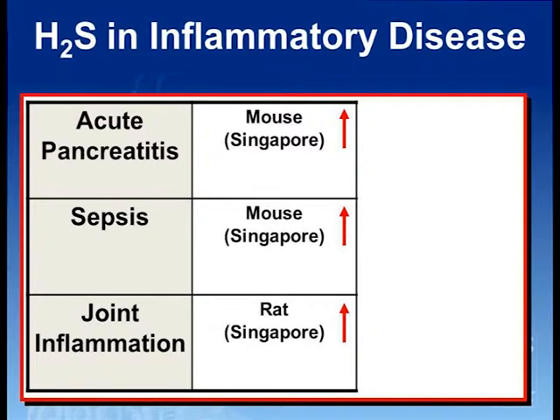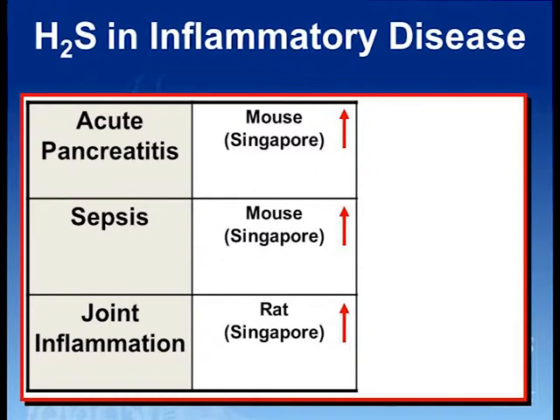And we did this research in Singapore because of the excellent infrastructure available for that, and also because it was possible to do that research following best practices. We found that there was an increase in H2S in all these conditions in experimental models.